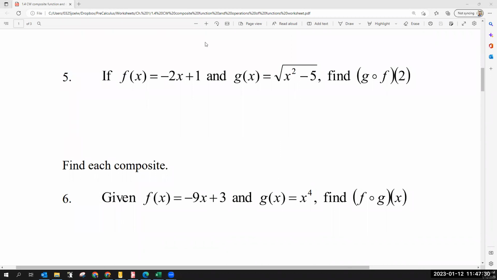Number 5. What's my outside function? G. All right, so do be careful because they don't always make F the outside function.